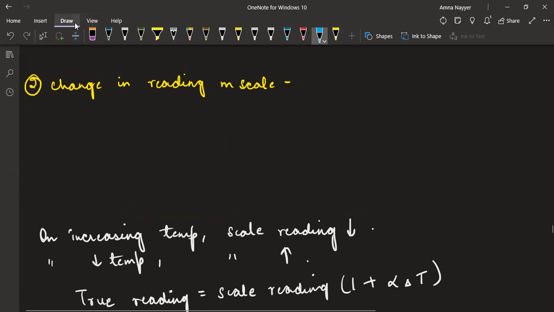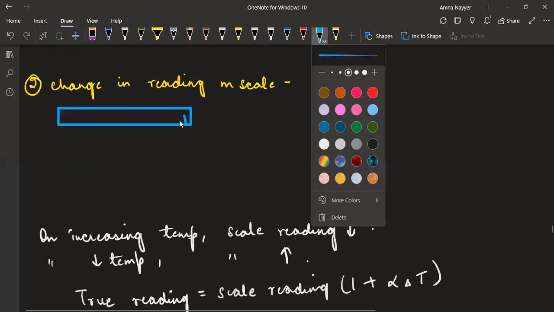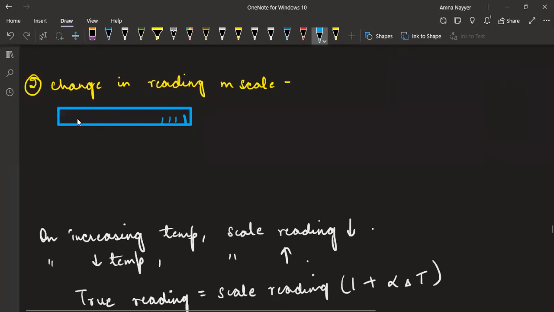Look here. This is a scale. Fine. So markings will also be there on the scale. Let's say this is 0, this is 1, this is 2, this is 3, this is 4.